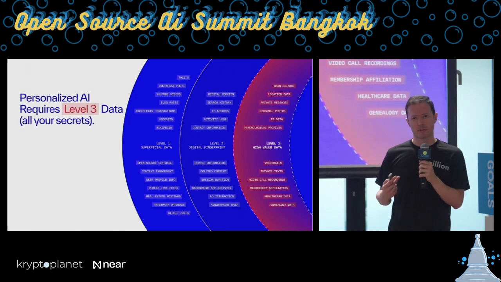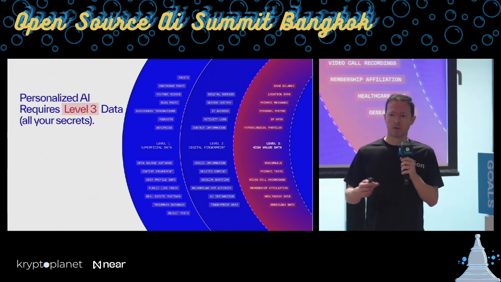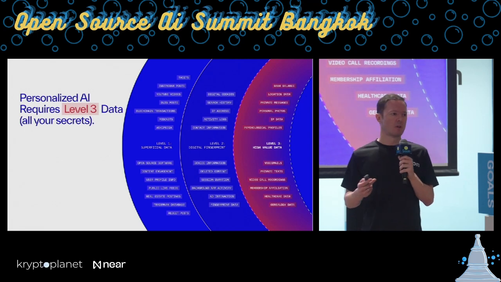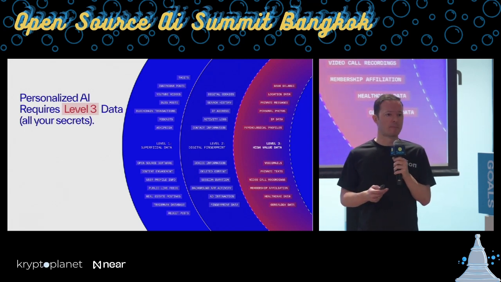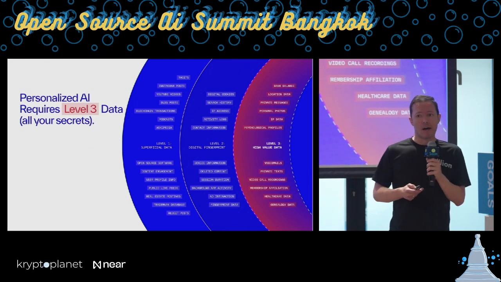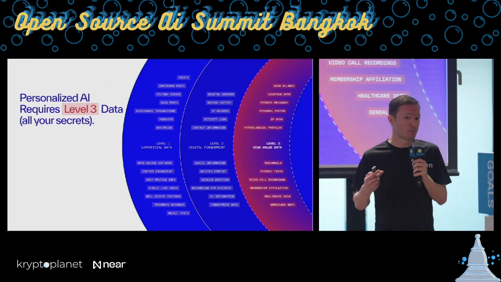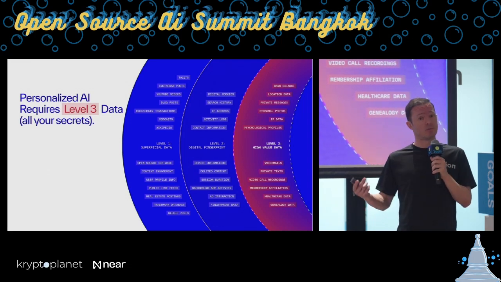I'm talking about, for example, the things you would only share with your therapist. All your emails, all your health records, all your messages, all your voice conversations, your hopes or dreams, what you really think about people, including your mother-in-law and your boss, your cognitive biases, your limitations, how smart you think you are versus how smart you really are.